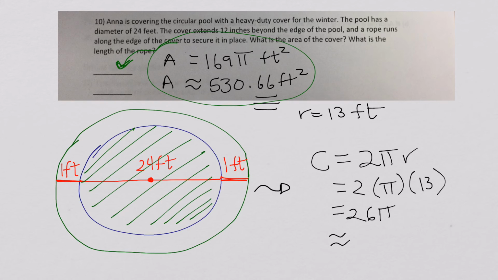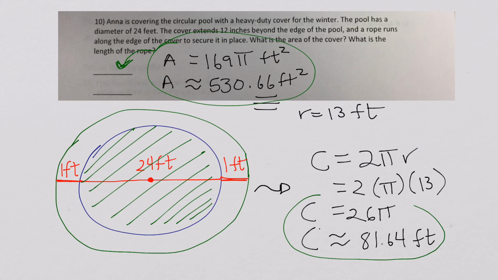Our approximate answer would be 26 pi, or 81.64. And it's going to be feet because we're talking about distance. We're not talking about area, okay? So it's going to be feet. So this circumference, either or, they're both exactly the same. One is exact, one is approximate.